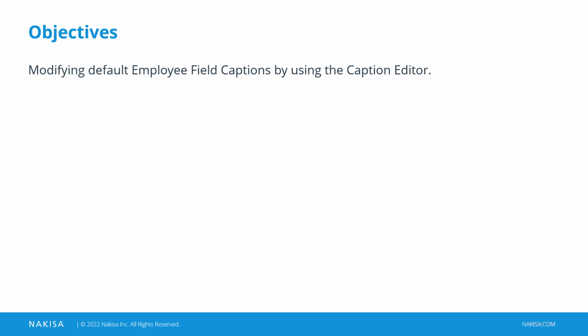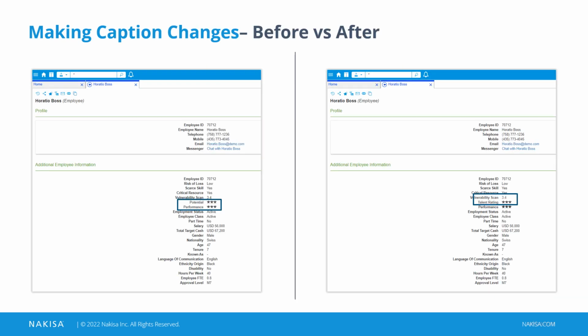For example, you will be required to replace certain terms in the application if you use different ones within your organization. Let's assume the HR business partner in your company has asked you to change the employee field name from potential to talent rating within the details page of the employee object, as talent rating is the term referred to internally within the organization.